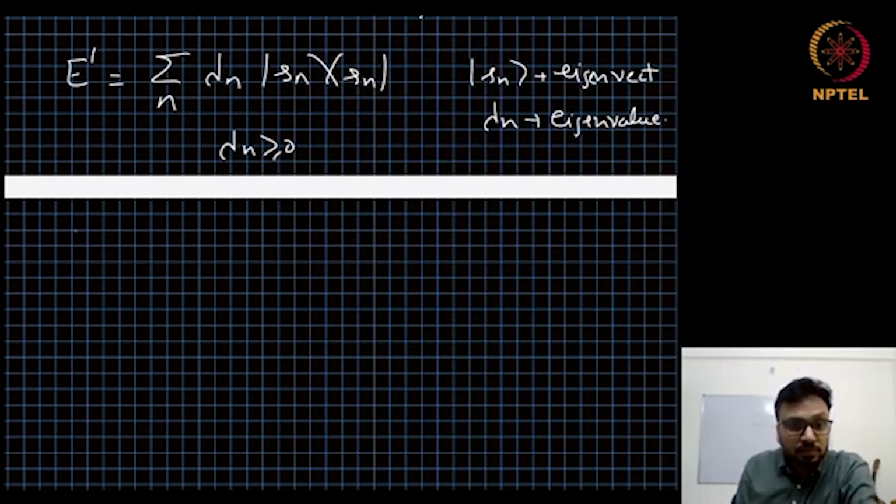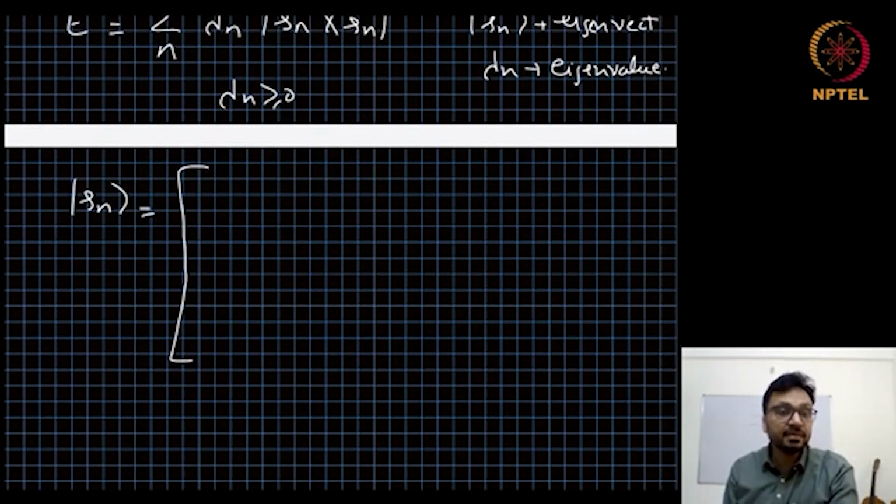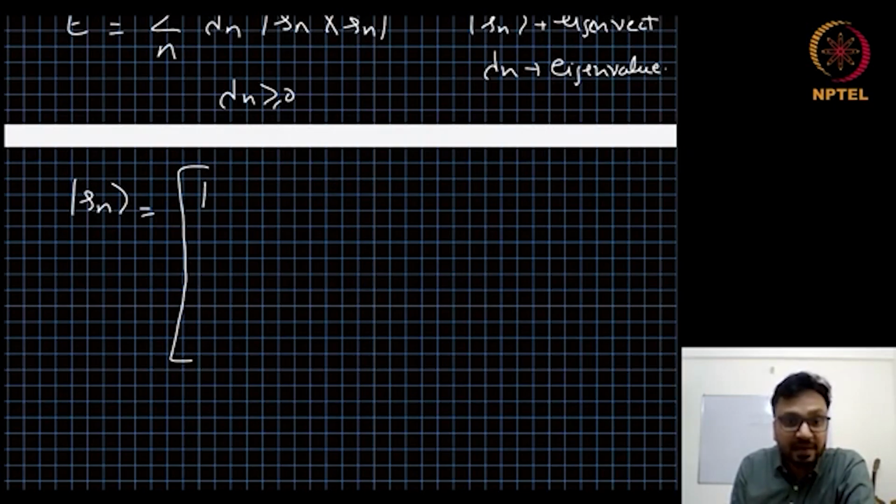Okay, now let us take Sn. Since we know E prime is a D square dimensional matrix because we have chosen each subsystem of D dimensions, then Sn is a D square dimensional vector. Let us say the first D elements we call a vector un1, the next D elements we call un2 vector, and so on.